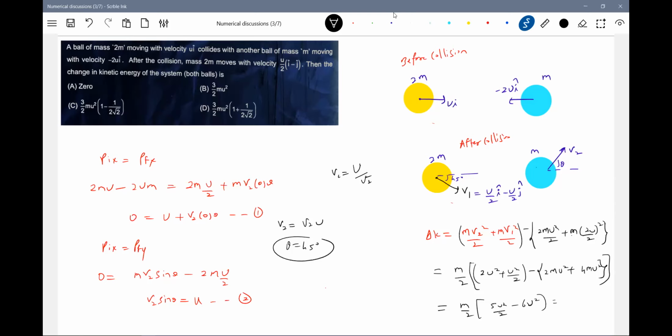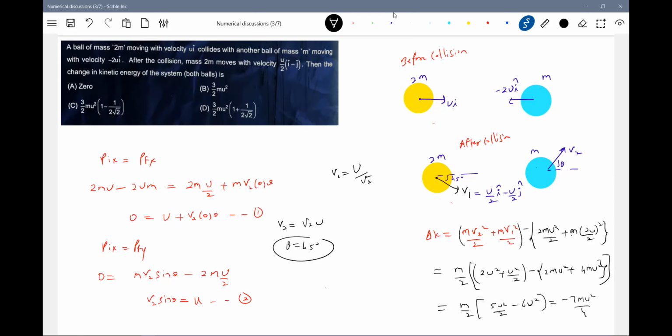M by 2 we took outside. V2 is root 2 u, so 2u square. V1 is u by root 2, so u square by 2, 4, 5u square by 2. That is okay. Final kinetic energy, initial kinetic energy. Final will be less. Delta K I got negative, which means final will be less here. So this will be minus 7 m u square by 4.